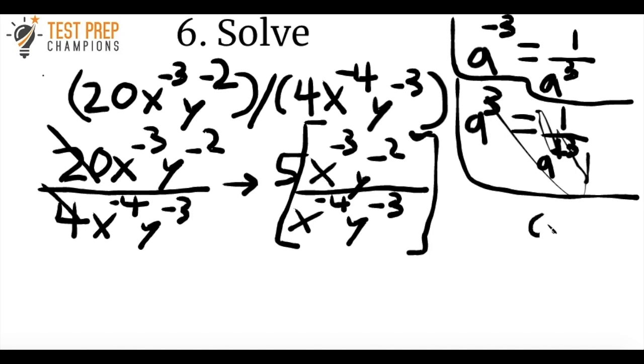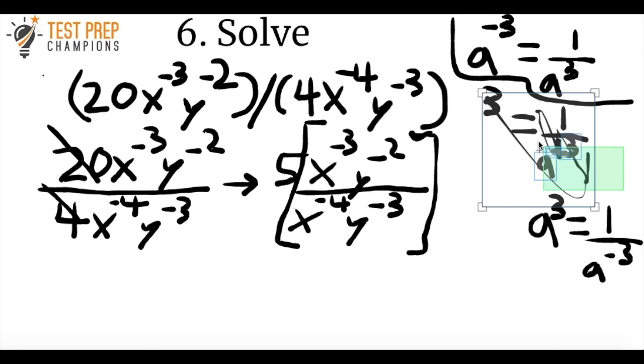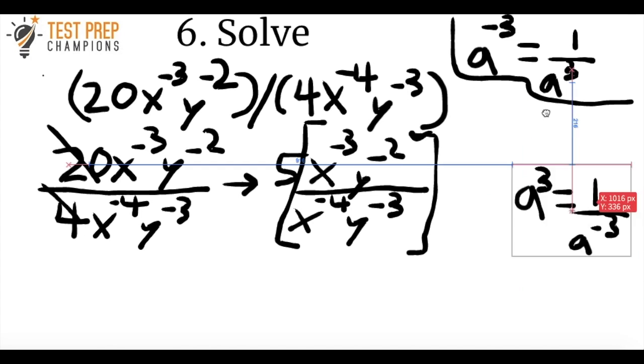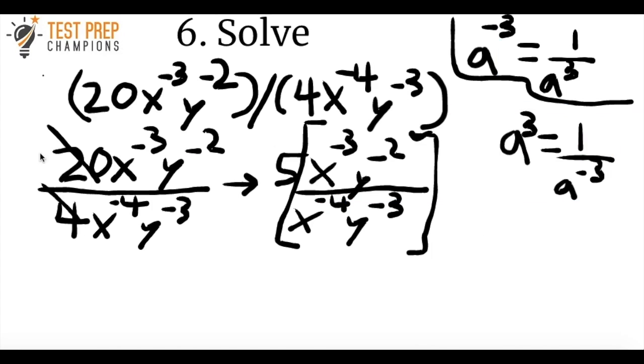So a raised to the positive 3 is equal to 1 over a raised to the negative 3. Let me clean up house here a little bit. Hopefully you see where I'm going with this question, and you're already starting to get that. What we're essentially going to do is a little bit of a switcheroo here. We're going to take the numbers in the bottom, so let's just focus on our denominator.